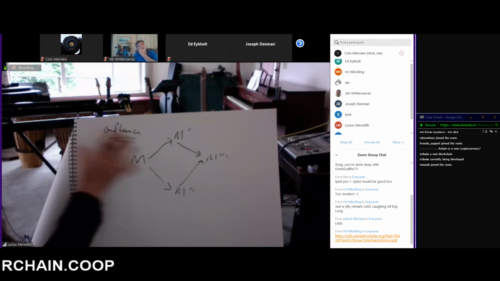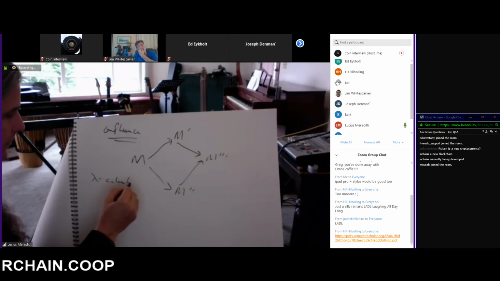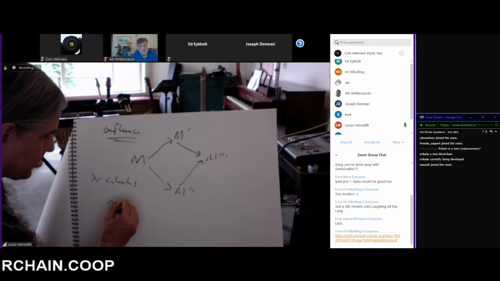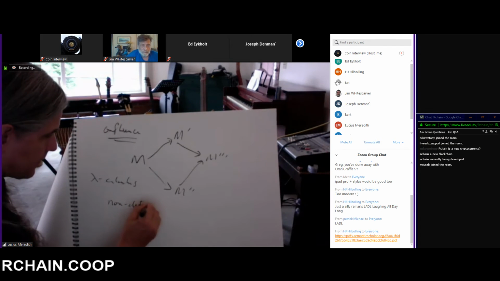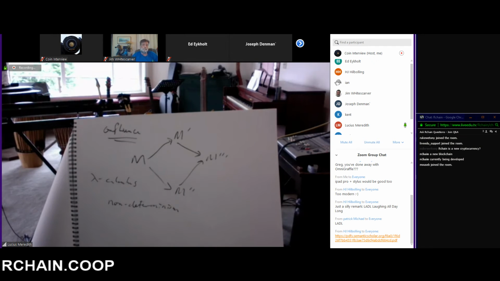So that is lambda calculus. If you're a lambda calculus, you have this property. But in real world systems, you have non-determinism. In the case of non-determinism, you have races.